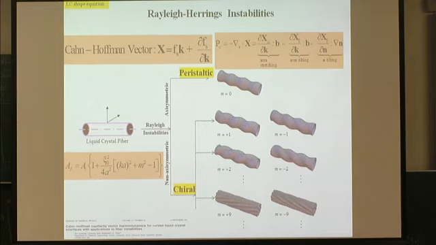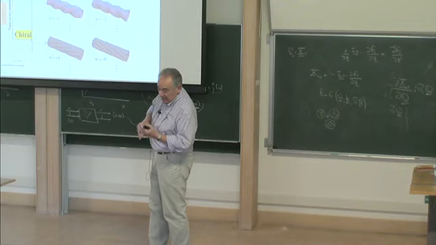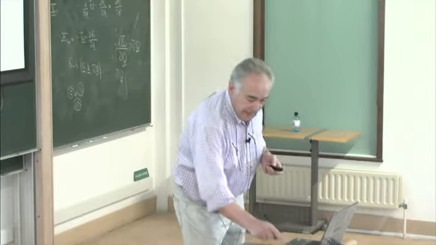So this is the peristaltic mode, m equals 0, by Rayleigh. These are chiral modes where m is different than 0. And the key is gleaned out of these terms. Although the area increases, you have a decrease of energy by changing the shape. And the shape can change by creating chirality.